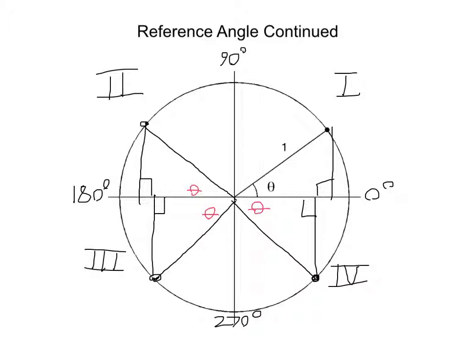So if you just remember your 30, 60, 90 triangle, your 45, 45, 90, and you learn these 4 important points at 0, 180, 90, and 270. That's every value you will be expected to know.